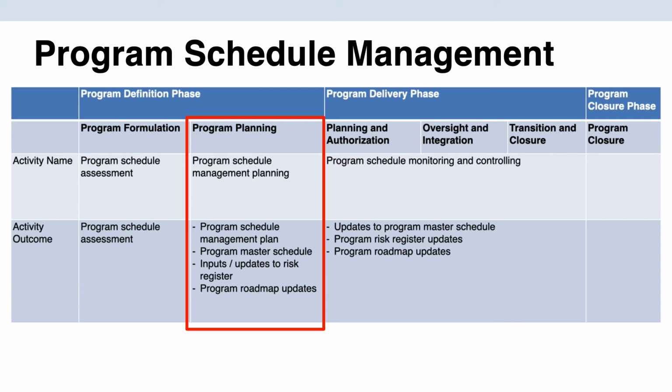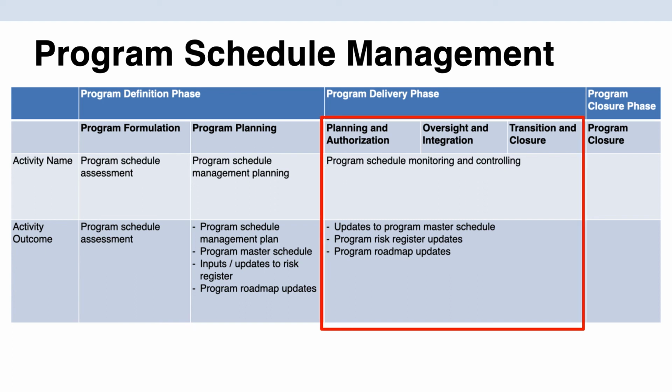The schedule management plan is a component of the overall program management plan, and it establishes the criteria and activities for developing and monitoring and controlling the program schedule. The program's master schedule documents and displays the agreed sequence of components from initiation to completion. This is to facilitate the proper planning of the individual component deliveries and their corresponding benefits.